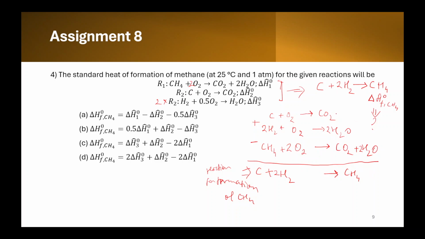So that will also use the algebraic manipulation of these reactions. So the resultant enthalpy will be, this gets added to this and twice of this. So this is given here as delta H2 not cap plus twice of delta H3 not cap.